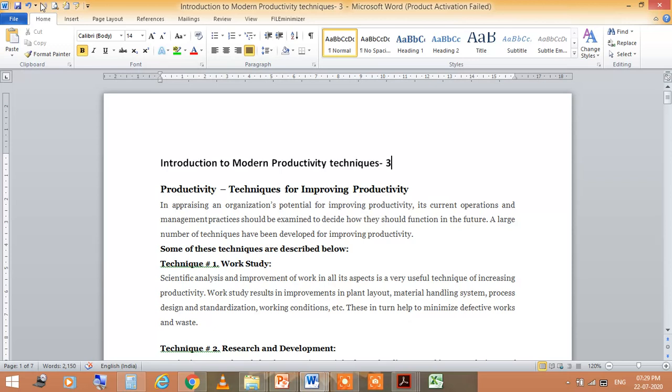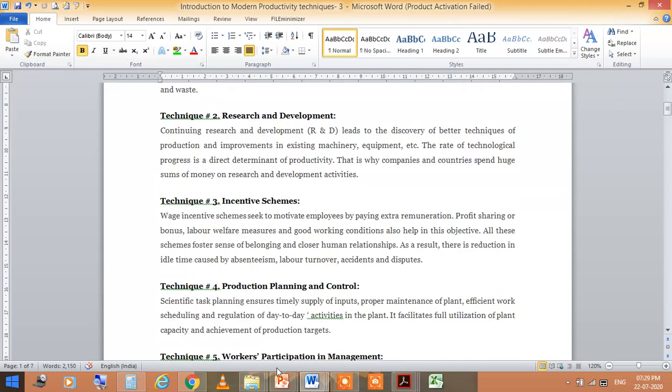The second technique is the research and development. This is a very important technique.